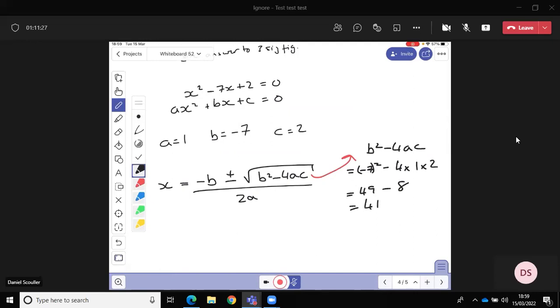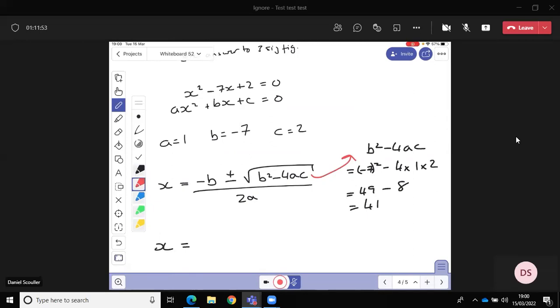A positive number for that b squared minus 4ac means there are 2 real roots. So that means we've got 2 roots that we can work out. You want that number to be positive. That's the only reason I do that wee bit at the side, but now I can put that back in. So we've got x is equal to negative b.